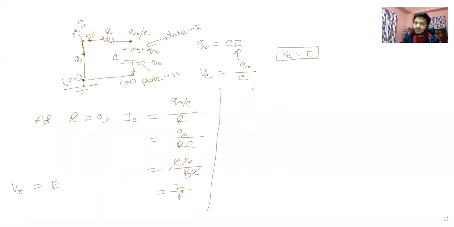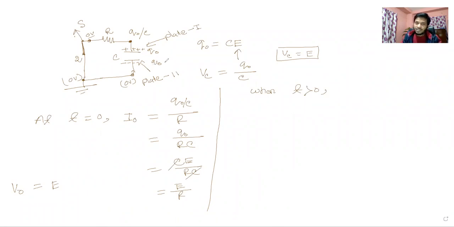Now what will happen when t is greater than 0? The voltage will decrease. Now this capacitor has two plates, plate 1 and plate 2. Plate 1 is positively charged and plate 2 is negatively charged, right?